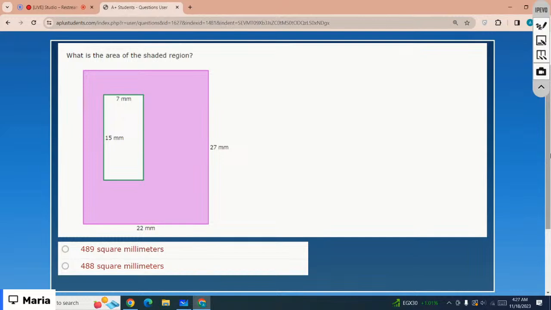Which is the correct option? The correct option is, very good, that would be 489 square millimeters.